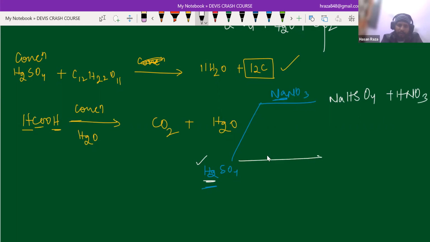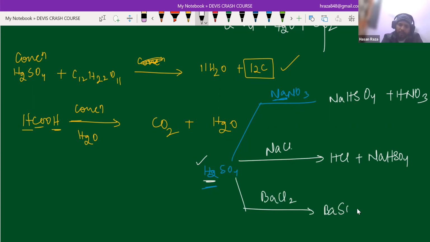Then if you react this with NaCl, a salt reacting with acid will give acid plus NaHSO4. Then if you react this with BaCl2, BaSO4 is formed because barium is more reactive than hydrogen, and this is your white precipitate.